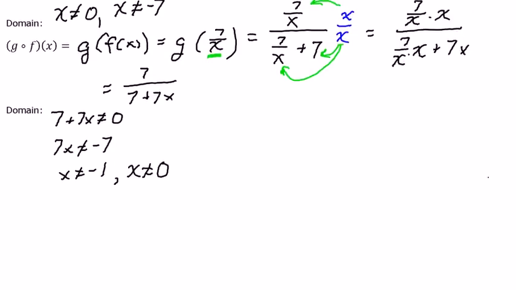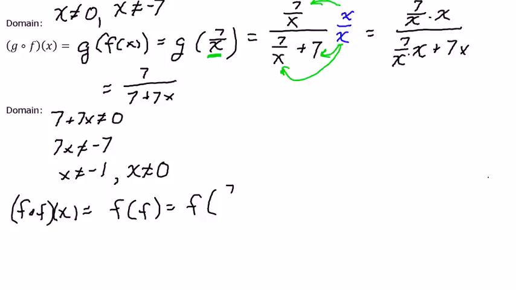Let's look at the f composite f and g composite g. So f composite f of x, that means we're going to take the f function and plug f in wherever there's an x. So we're plugging 7 over x into the f function where there was an x. So instead of 7 over x, I have 7 over 7 over x. So we just replace the x with 7 over x. We can simplify by inverting and multiplying.